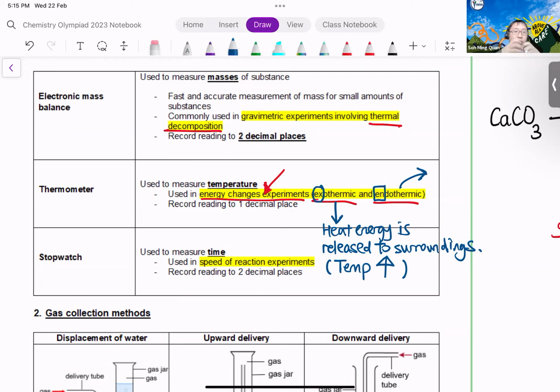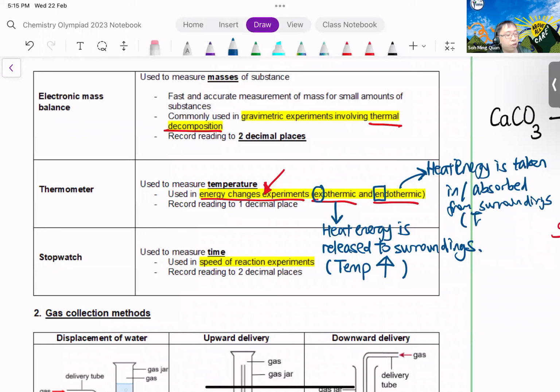The word endo means inside. So you can imagine endothermic means heat energy is taken in or absorbed from the surroundings.